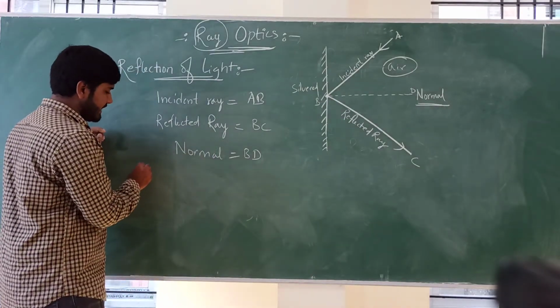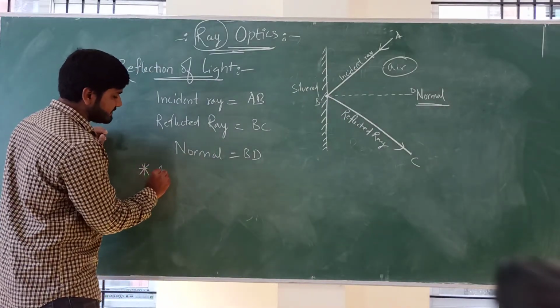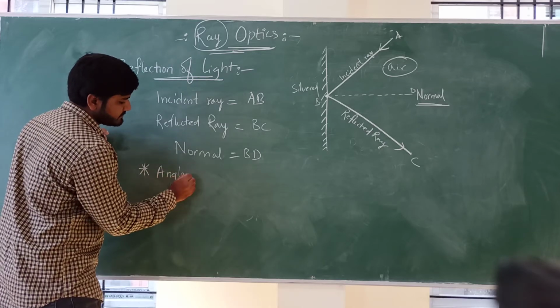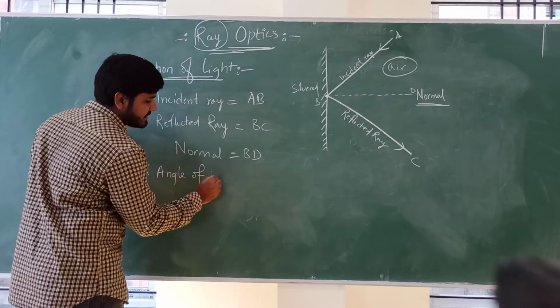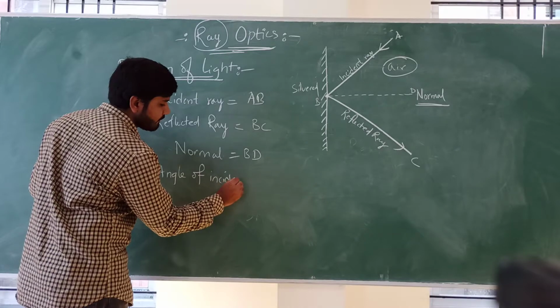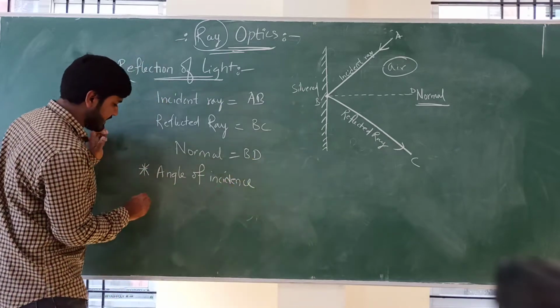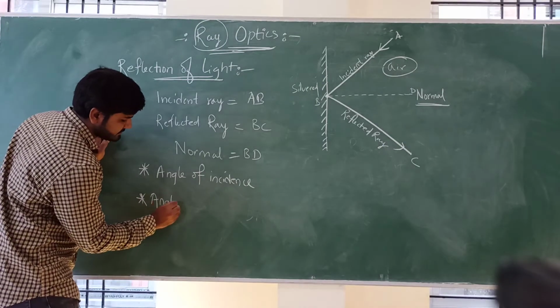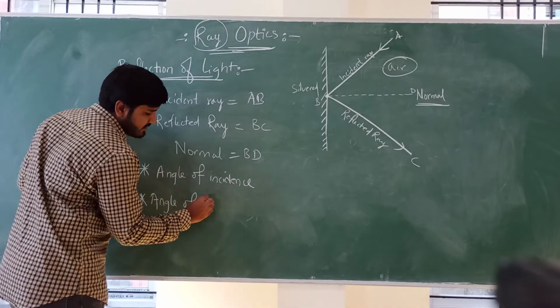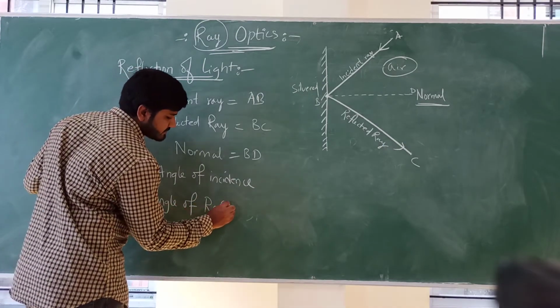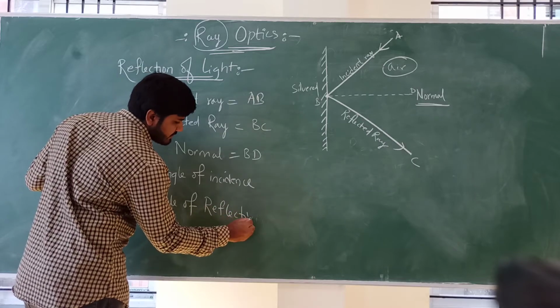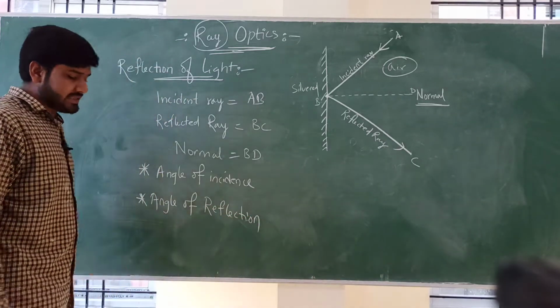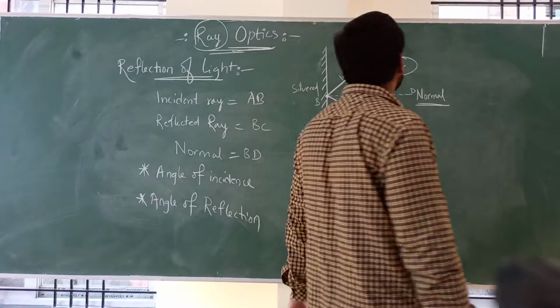First one is angle of incidence. Second one is angle of reflection. Okay, angle of incidence and angle of reflection.